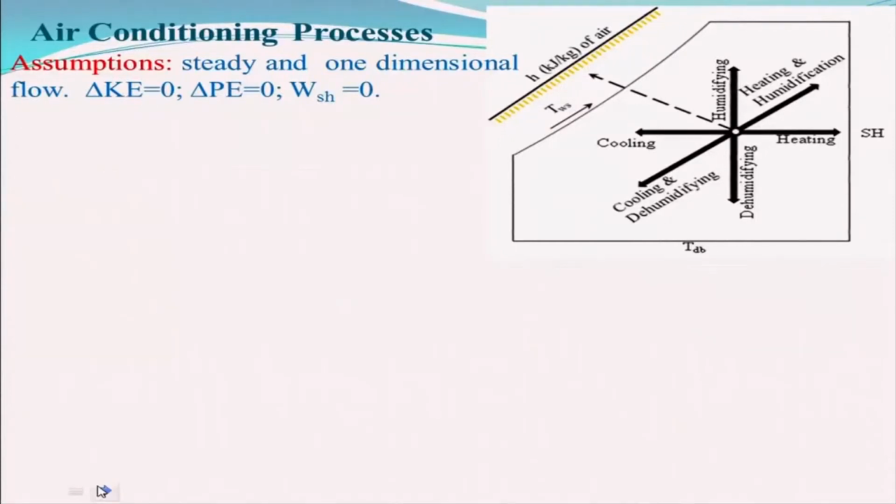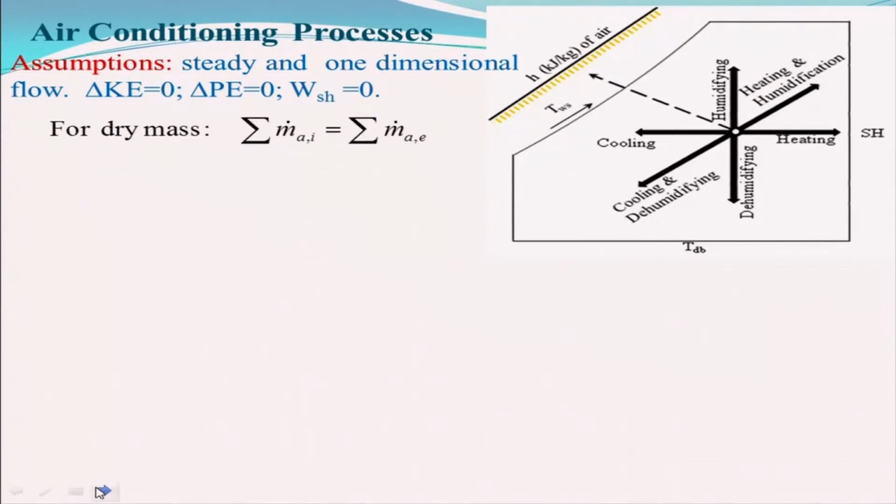Flow need not be uniform in an air conditioning duct and air conditioner. Change in kinetic energy is 0, change in potential energy is 0, and we are not using any shaft work, so we can consider shaft work to be 0.